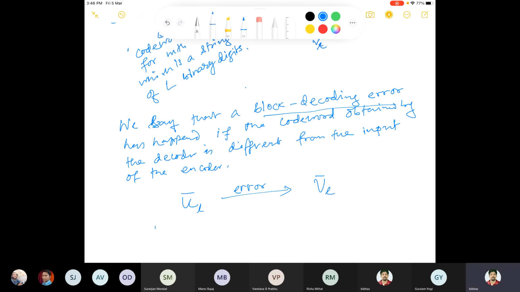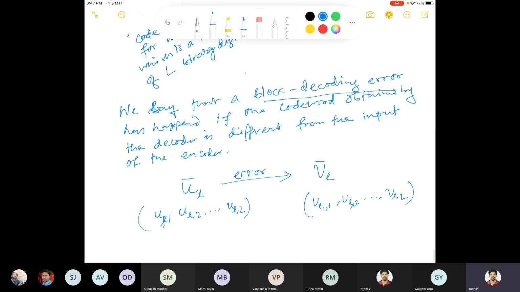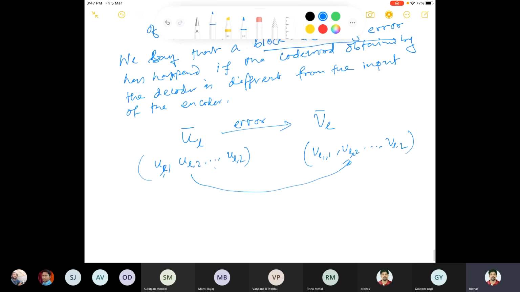So there was a sequence UL1, UL2, up to ULL, and then you produce VL1, VL2, up to VLL, and then at one particular place there could be error, or at multiple places there could be error. In fact, if your channel is memoryless, then the error depends only on the corresponding position.